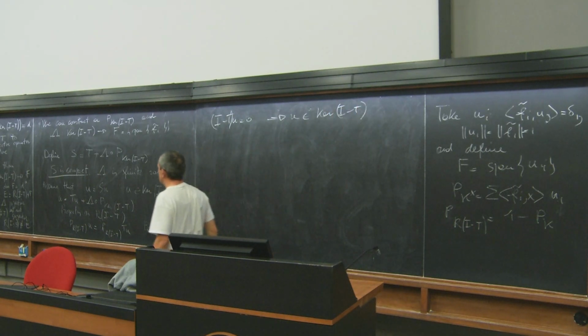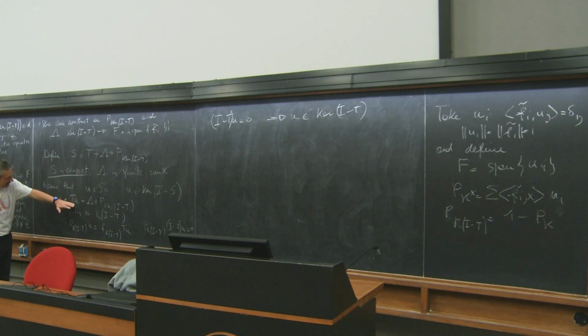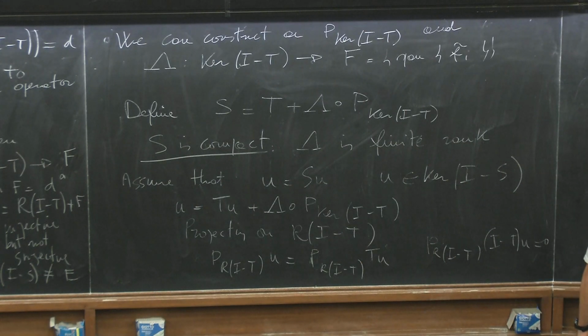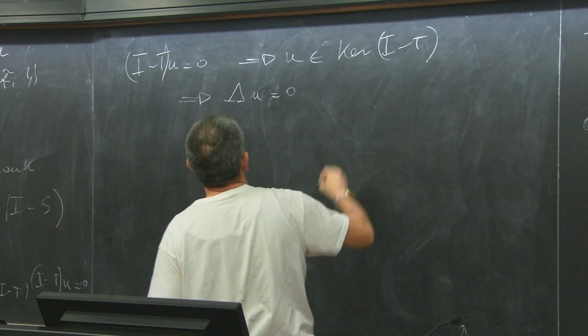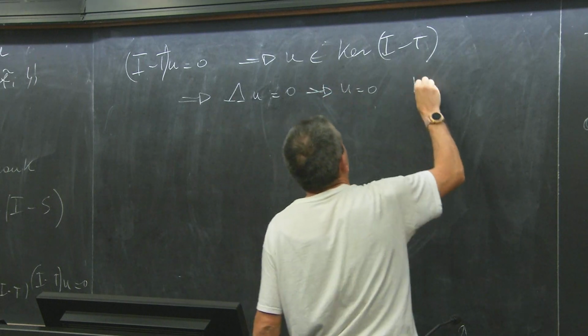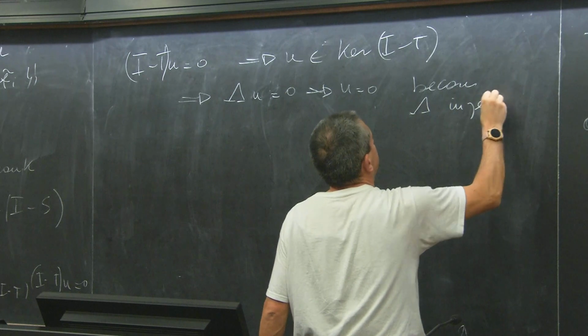Okay. So now if I look then at the kernel, I get this is 0, and then I have lambda composed with the projection on the kernel, which is the kernel. It's equal to 0, but lambda is injective. So U equal to 0 because lambda is injective.